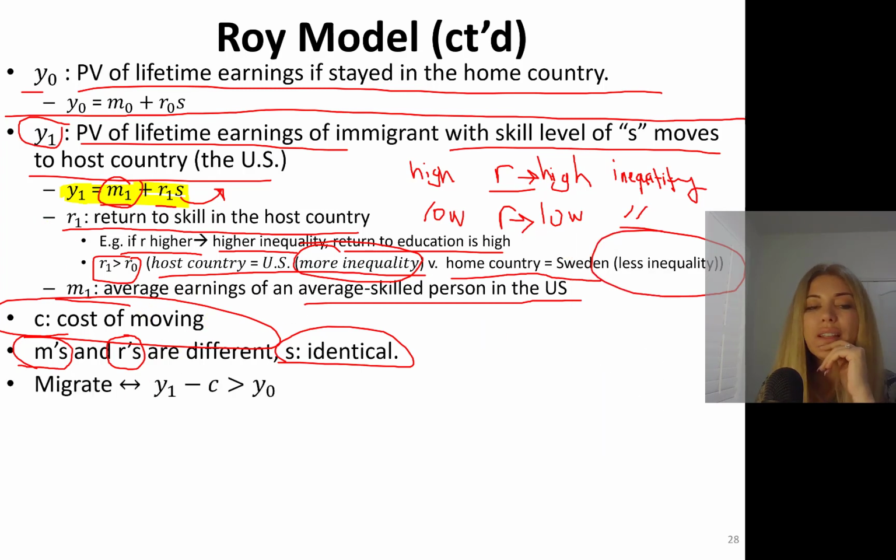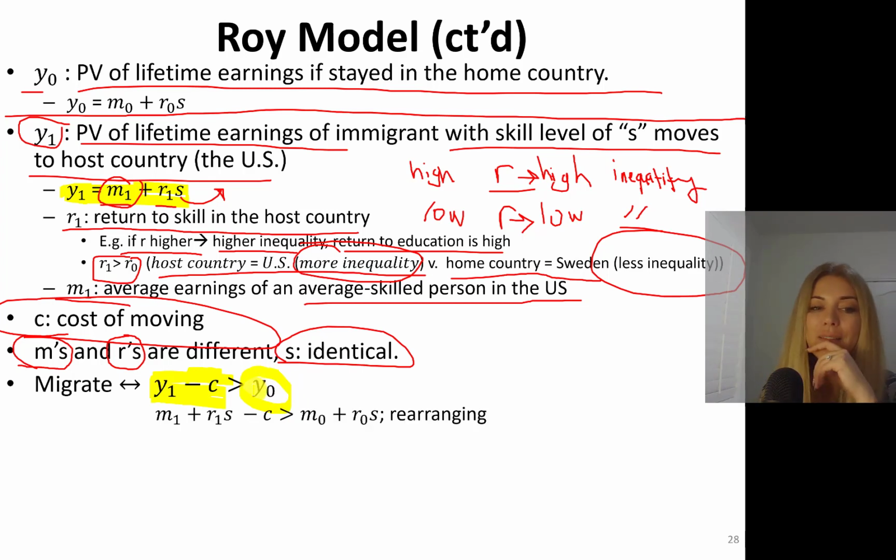So you will only migrate, this condition will never change, if the present value of lifetime earnings of an immigrant with skill level S who moves to the host country, the United States, minus the cost of migration, is greater than the present value of lifetime earnings of an immigrant who stays in the home country, right?